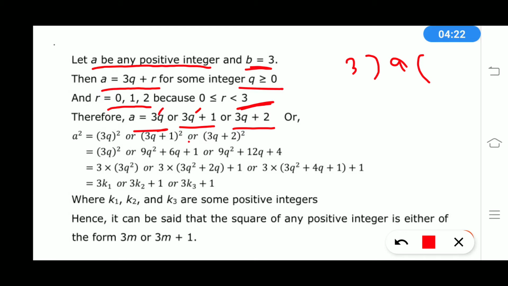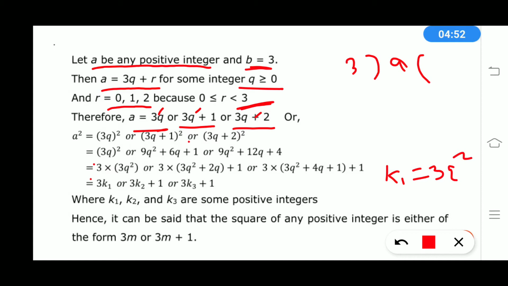So a square equals 3q whole square, that means 3 into 3q square. Okay, so 3 into 3q square equals 3 into k1, where k1 equals 3q square. First one, k1 equals 3q square.